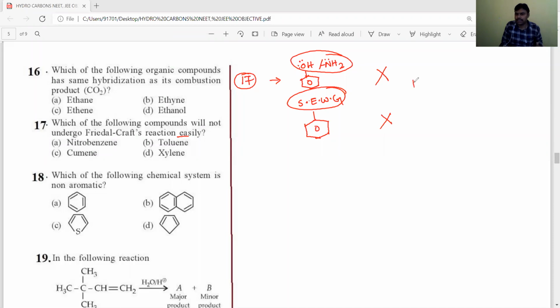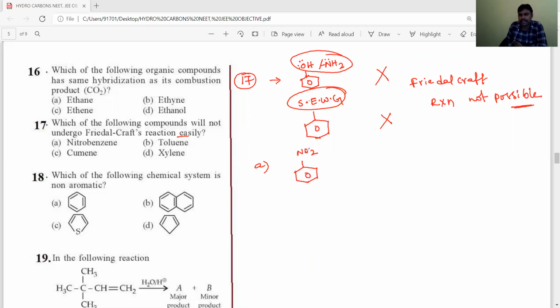Okay, students, now you have to observe the options. Nitrobenzene means the benzene ring has an attached NO2 group. It is a strong electron withdrawing group. That's why it does not undergo Friedel-Crafts reaction. So the answer is A.